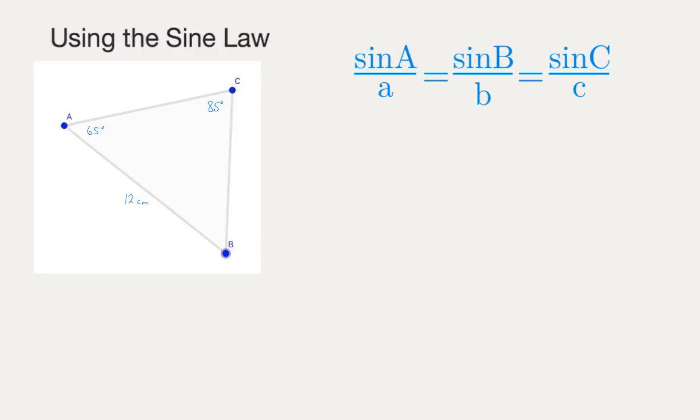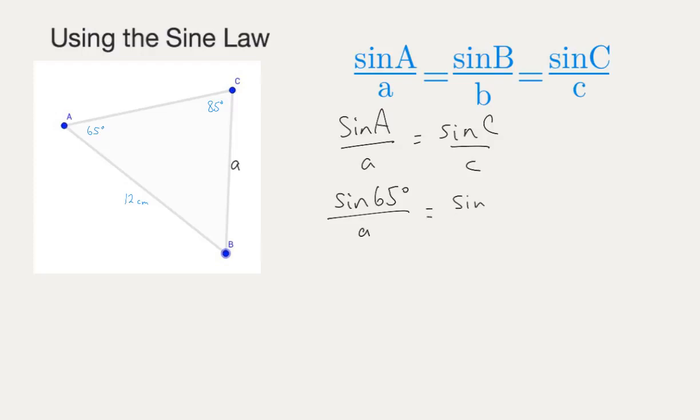So I'm going to set up my equation. The 2 parts that I need are sine A over A equals sine C over C. I know that angle A is 65 degrees. I don't know what side small a is. Sine C here must be sine 85 degrees, and side C is 12 centimeters.